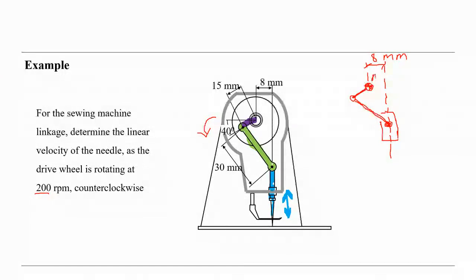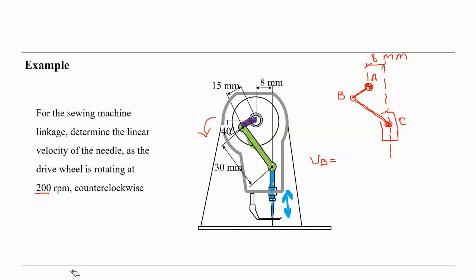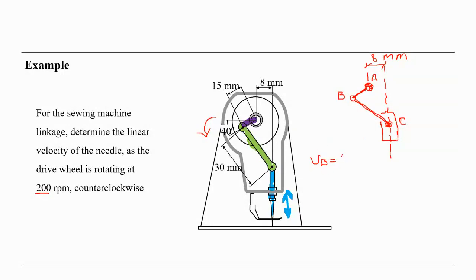This is here A0, let's say, or A, B, and C. Let's say here the C. So, and we can calculate the velocity of the point B. Linear velocity B is very easy because VB is equal to the length AB times omega.